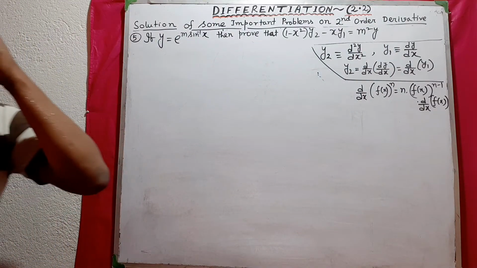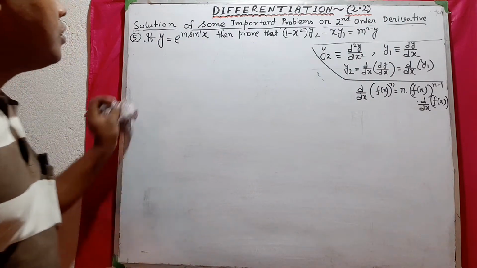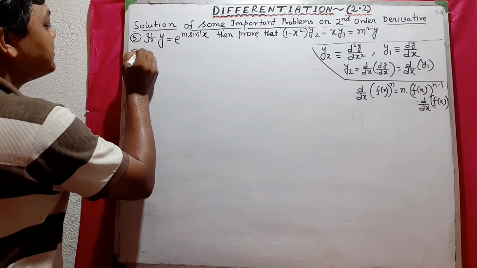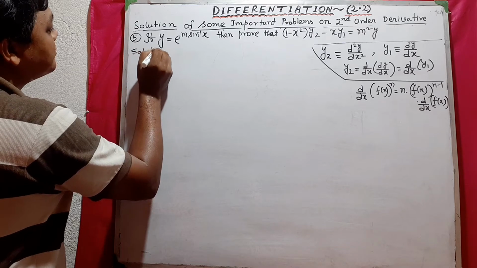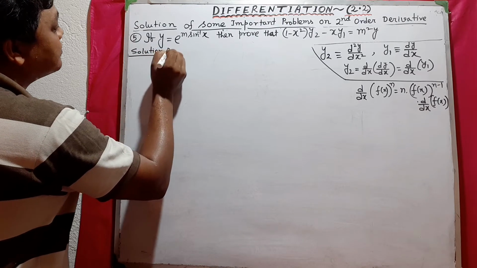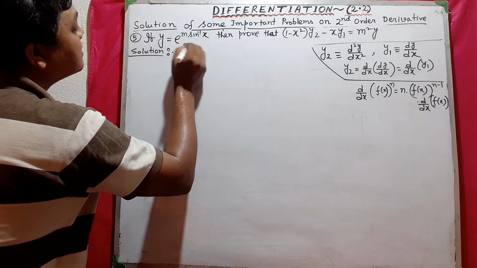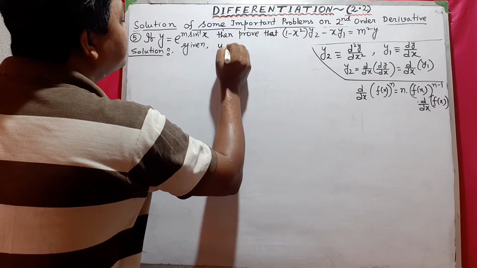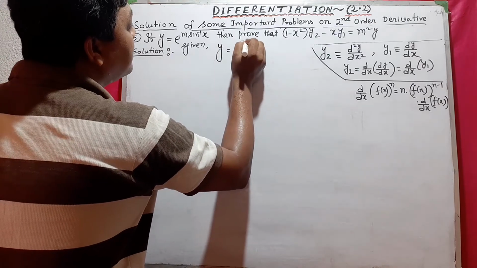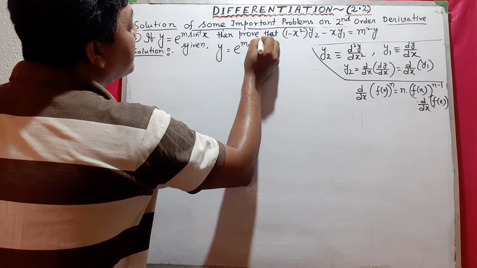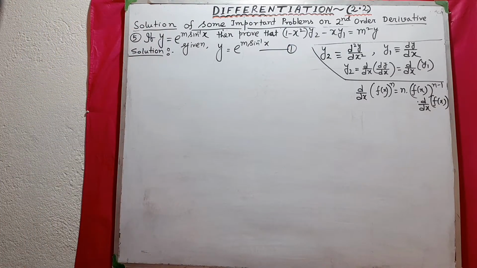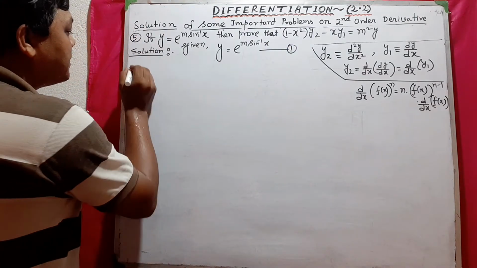Okay, so the solution is, given that y equals e to the power m sin inverse x, this is equation number 1. Now differentiate with respect to x.